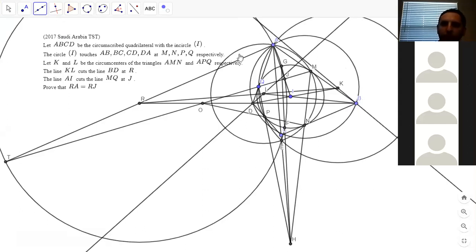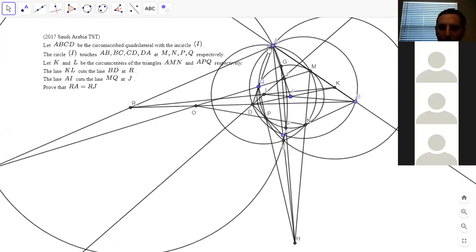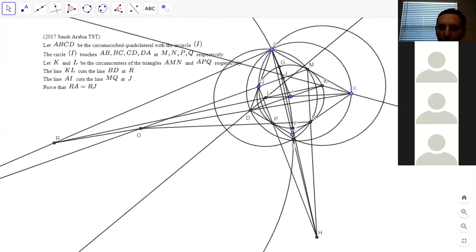It almost looks like DL is perpendicular to BK. I'm not sure if that's true. Or it might just be an angle shade. No, it's not true.